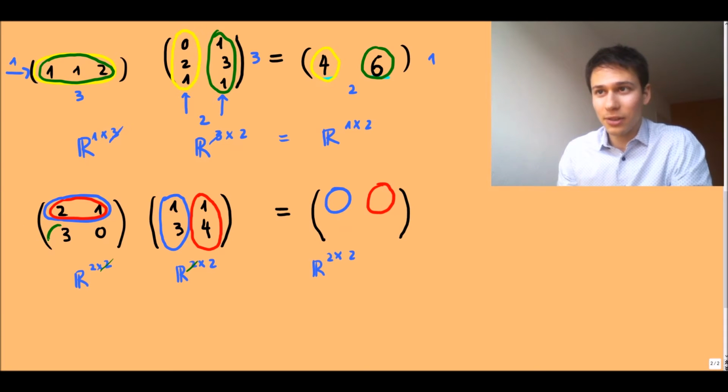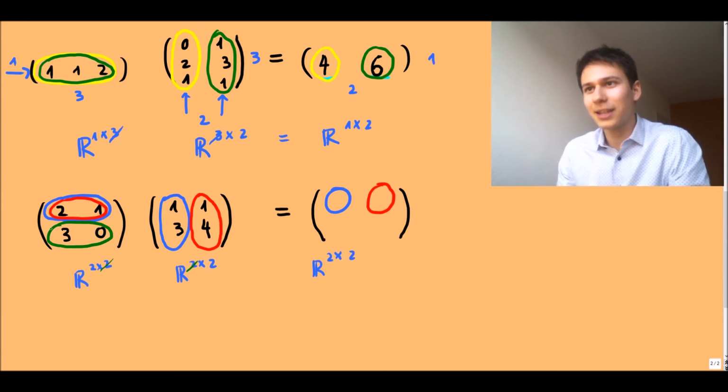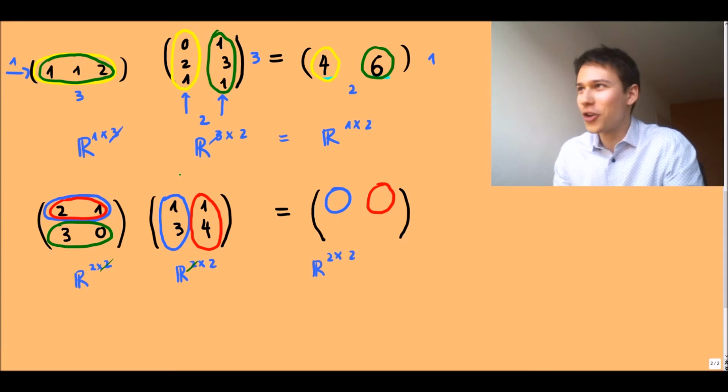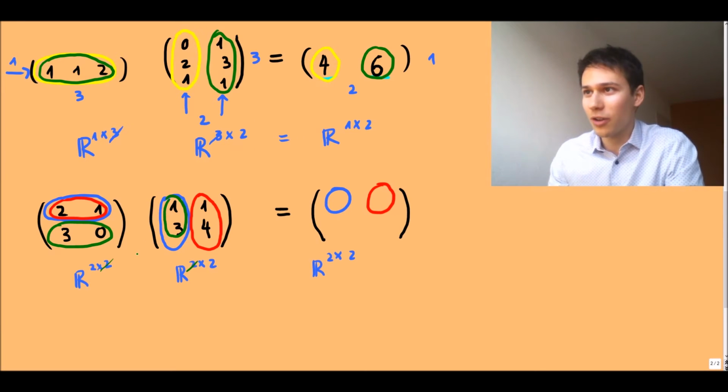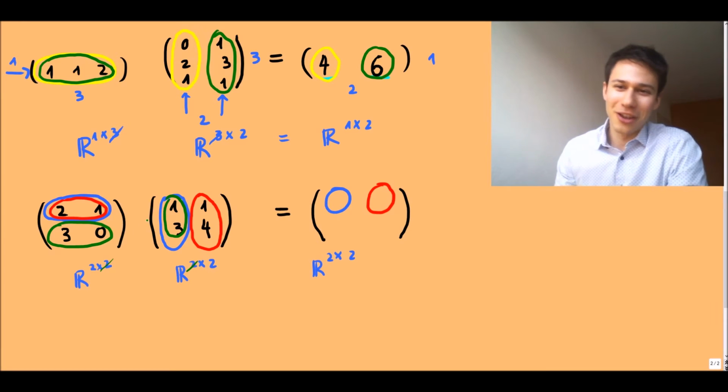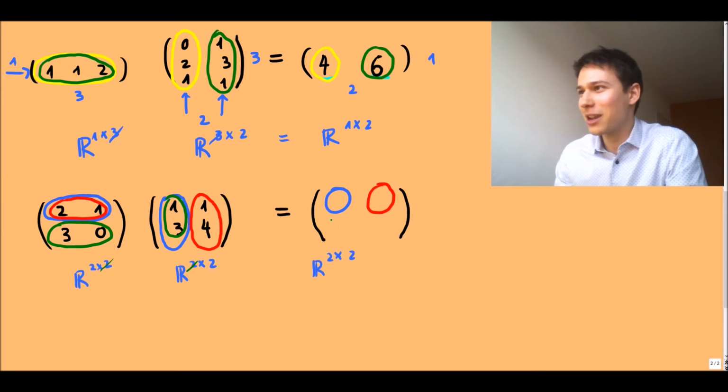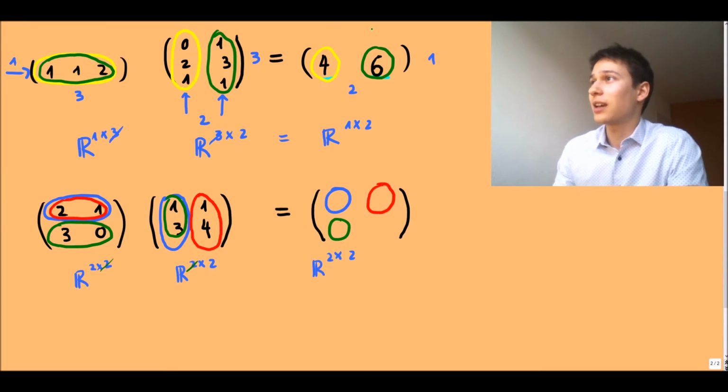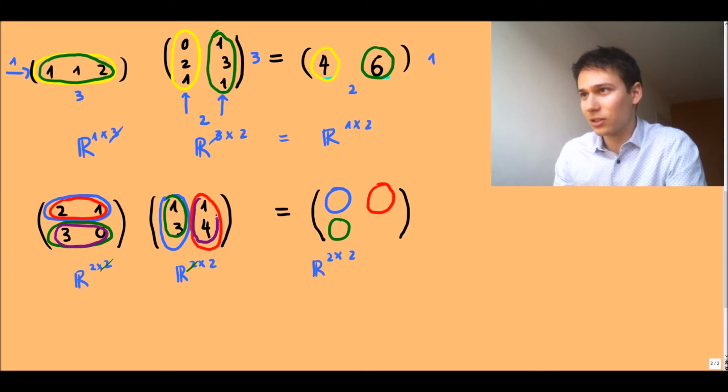So we take this second row vector in the first matrix together with the first column vector in the second matrix. We get this entry, and you obviously see that again from this vector together with this vector we will get this entry.